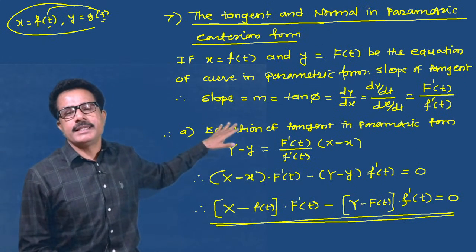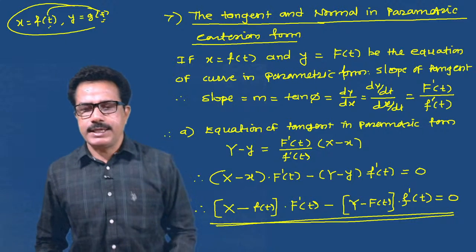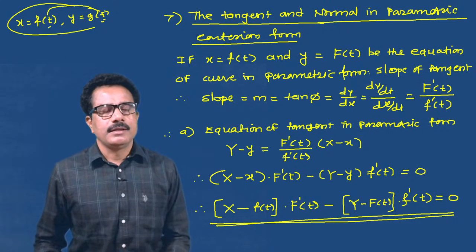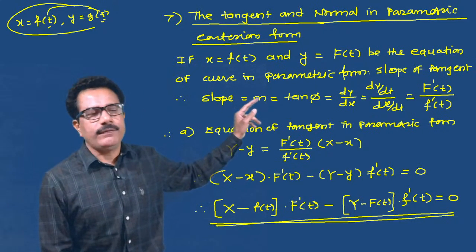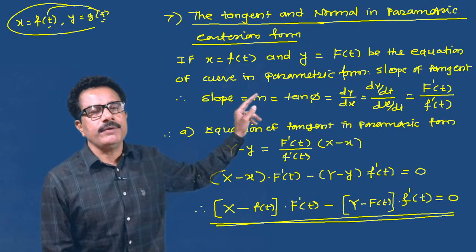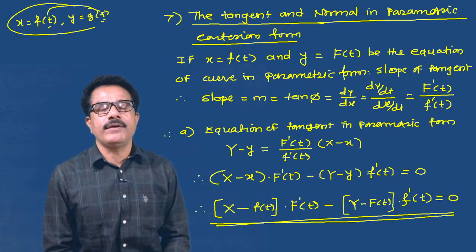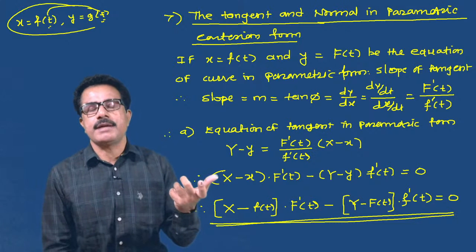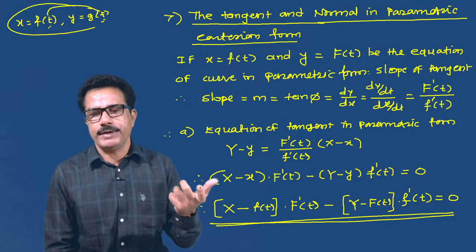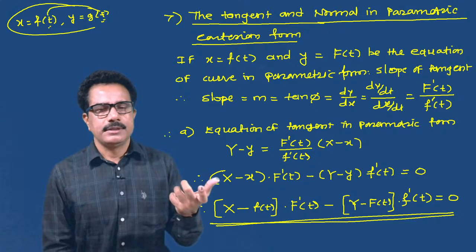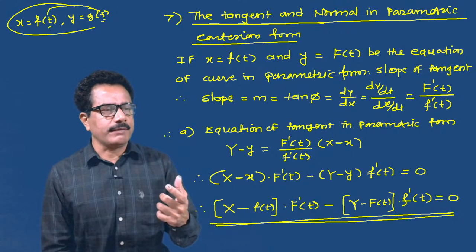Also, we can write the parametric equation of a tangent and normal. If x is a function of t and y is again a function of t, where t is the parameter, then such types of equation are called parametric equations.